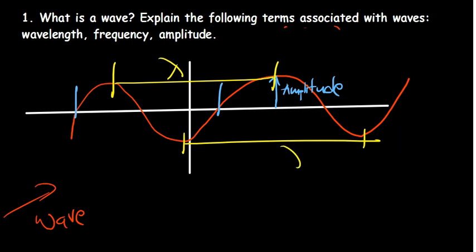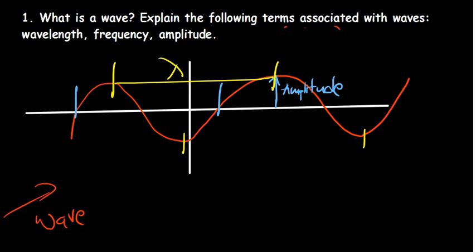So wavelength is referring to the distance between two crests, between two troughs, consecutive crests, meaning next to the other. In other terms, wavelength is like the distance within which a wave or a cycle is complete. That is also another way we can approach the wavelength.